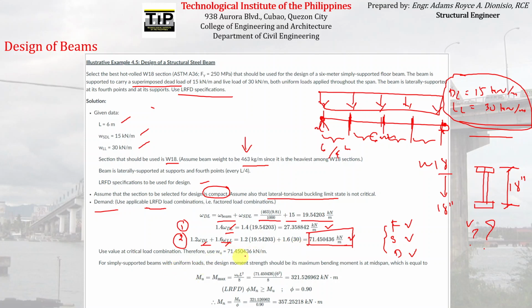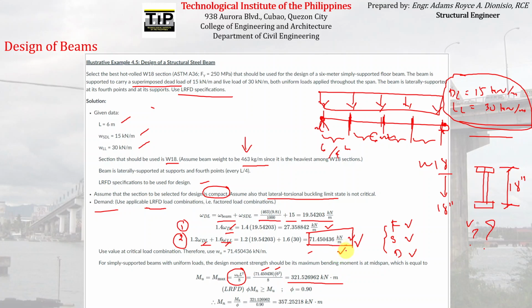Let's start the checking with respect to flexure. Let's check the maximum bending moment that can be induced by a 71.45 uniformly distributed load. For a simply supported beam, the maximum moment usually occurs at midspan, which is equal to WL squared over 8. Since W is already computed and we know L, we just square it and divide by 8.